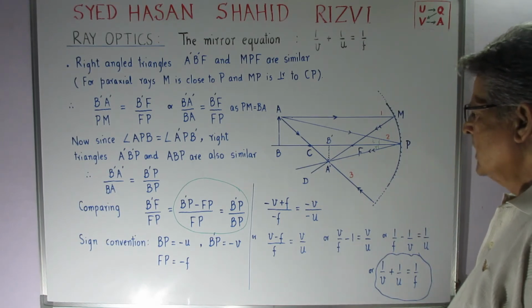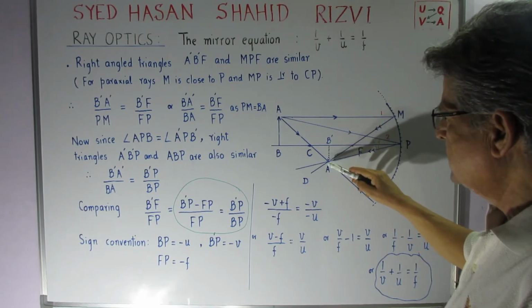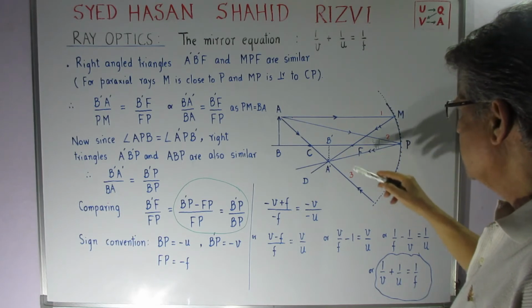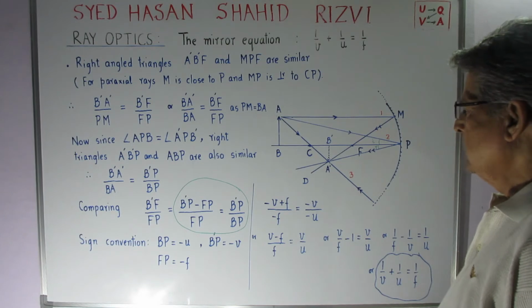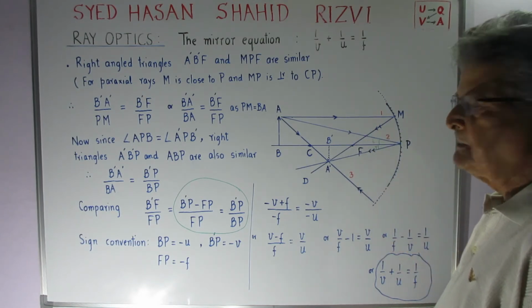So I can write B dash A dash divided by PM as equal to B dash F upon FP.